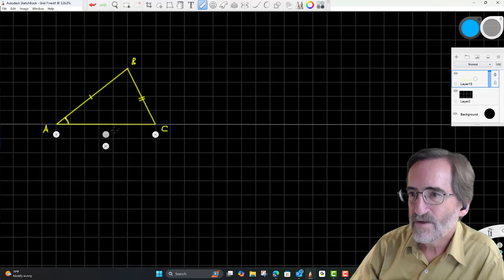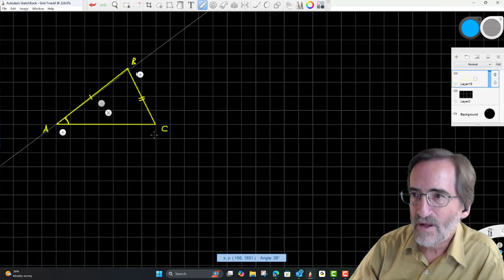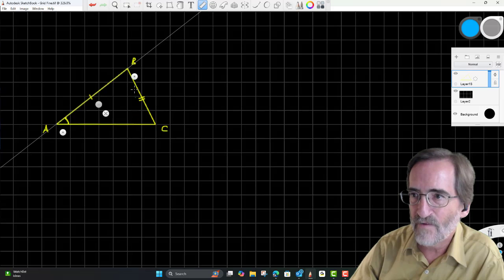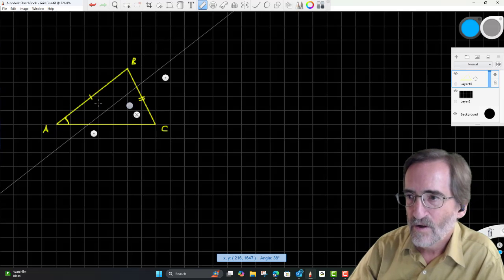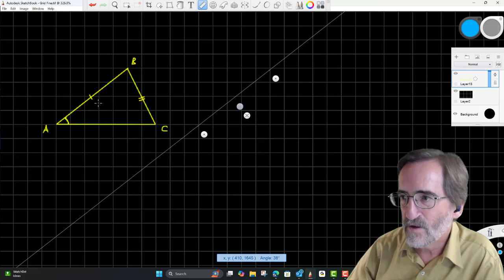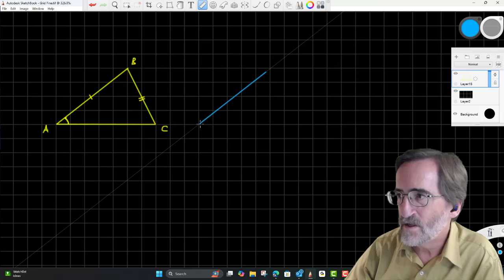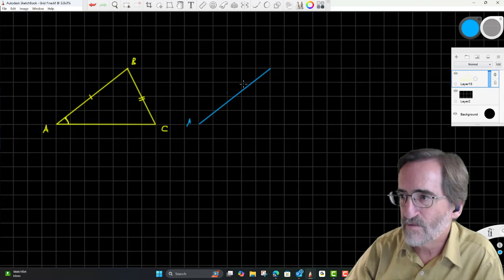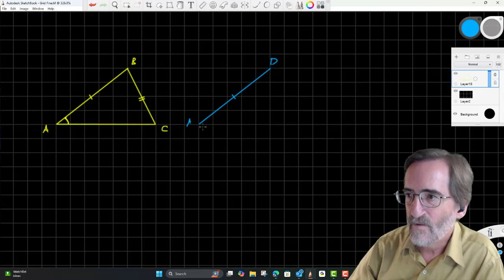So we've got AB, which goes over 5 and up 4. So if I go over here and draw DE the same way, over 5, up 4, then AD is going to be the same length, right?